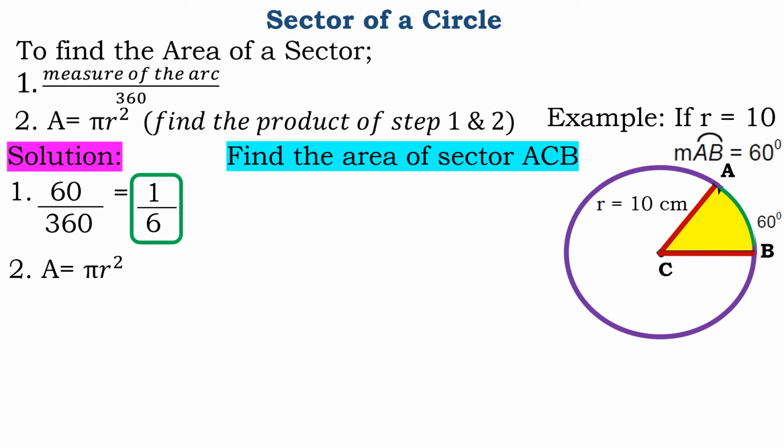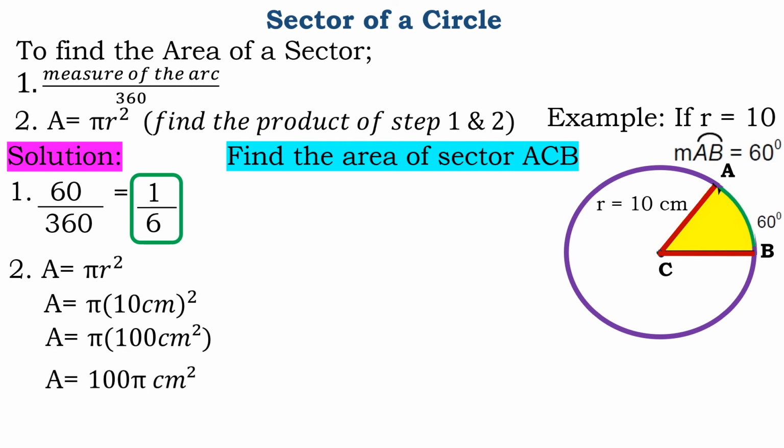The formula is pi times the square of the radius. So, area is equal to pi. The given radius is 10, so 10 centimeters raised to the second power. The area is equal to pi times 100 square centimeters. Therefore, the area of the circle is 100 pi square centimeters.